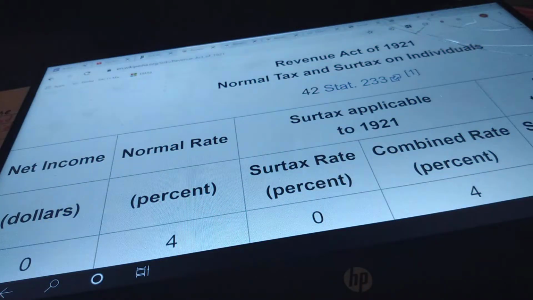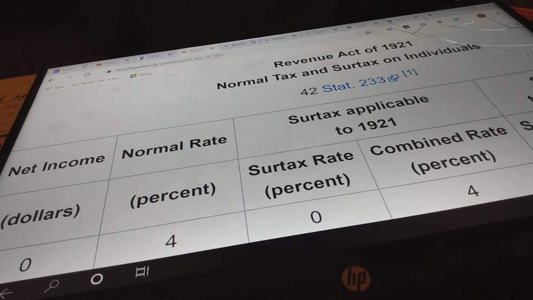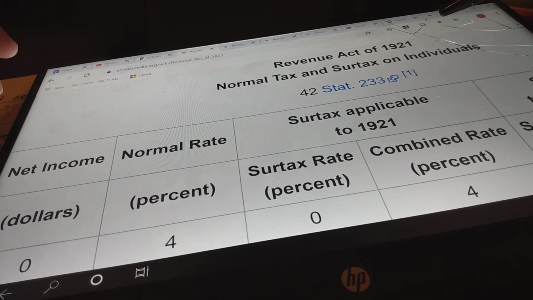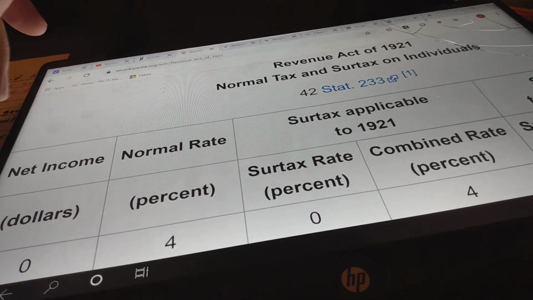So this is a chart for the Revenue Act of 1921. Revenue is just another word for money, but basically this chart is showing how taxes for regular Americans are getting lower.